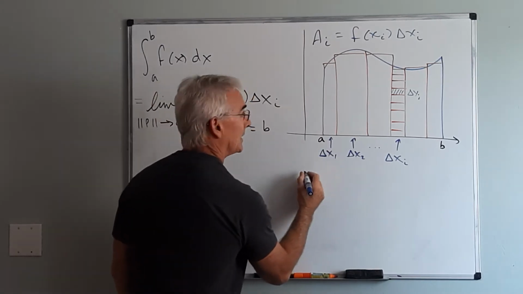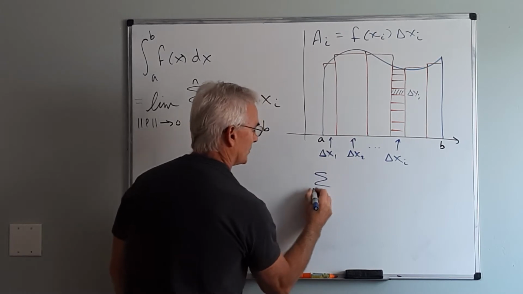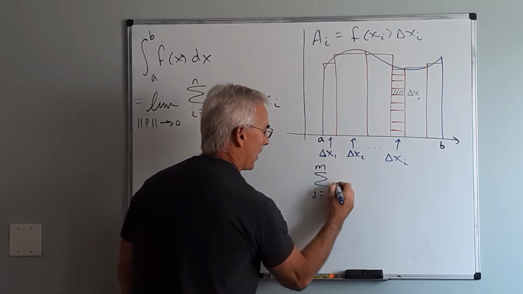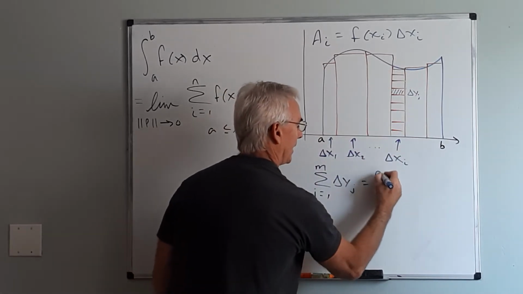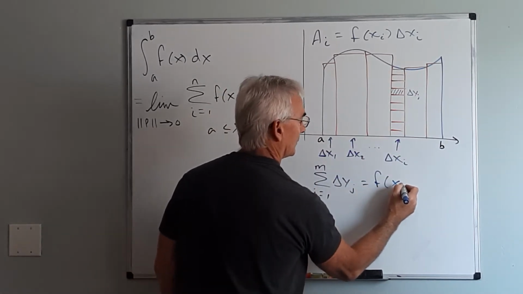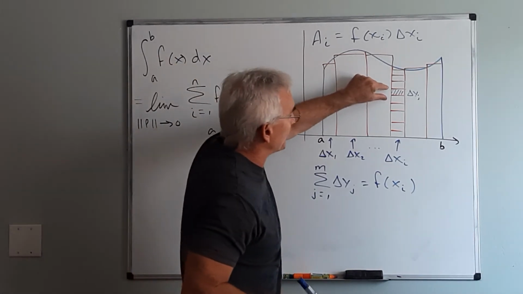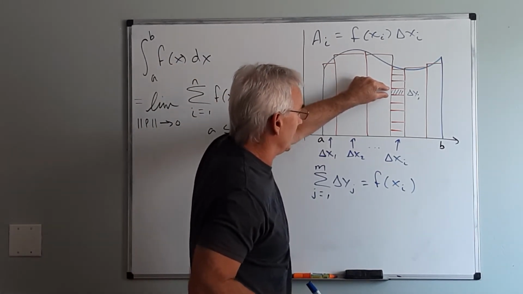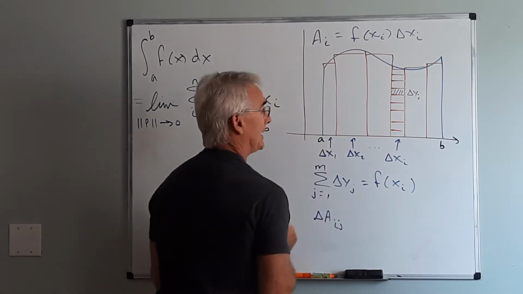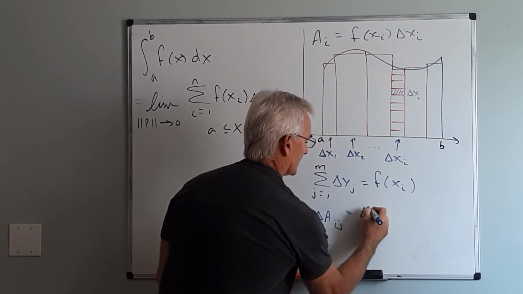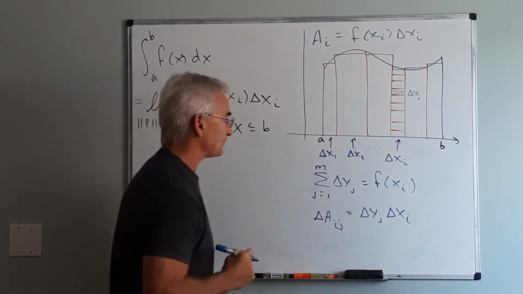Then if I add up all of these, the sum from j equals 1 to m of delta y_j, that would add up to that height of f of x_i. Now, let's call this particular rectangle's area delta a_ij, and then it is clearly delta y_j times delta x_i.